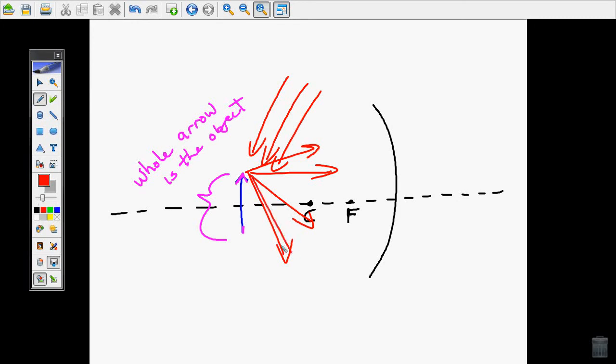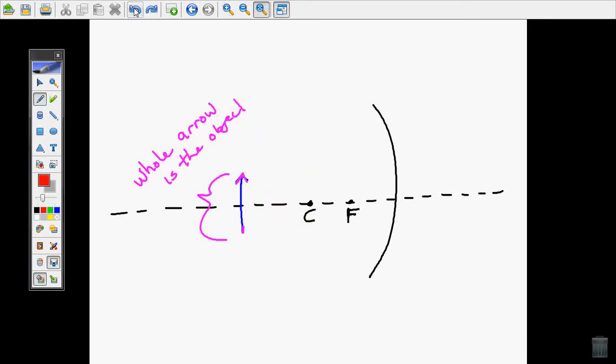There are millions of light rays coming from the head of the object. I'm not going to draw all of them. I'm only going to draw key light rays that are going to help me locate the image. So let me get rid of all those light rays. Even though I know in my mind they're all there, I'm just going to draw some key light rays.